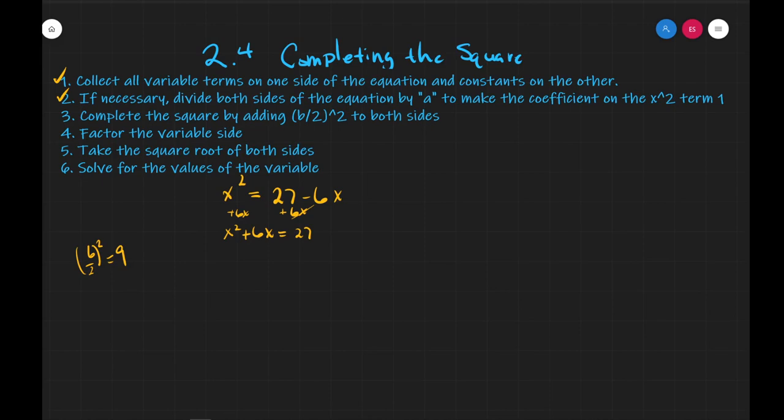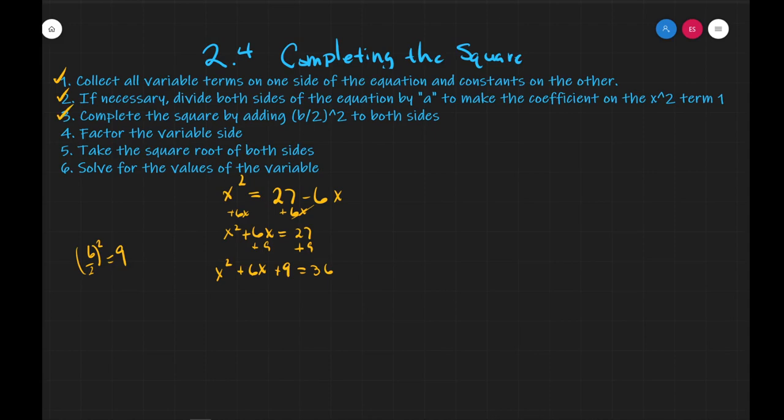Okay, so 6 over 2 is 3, 3 squared is 9. So we're going to add 9 to both sides, plus 9 plus 9. So we're going to have x squared plus 6x plus 9 equals 36. Okay, so we completed the square by adding b over 2 squared to both sides.